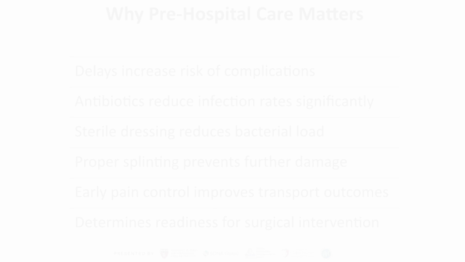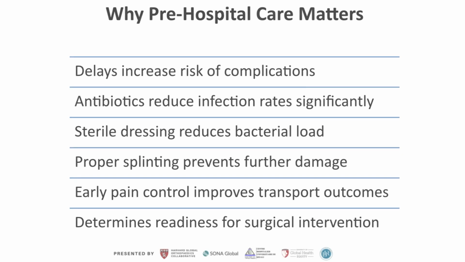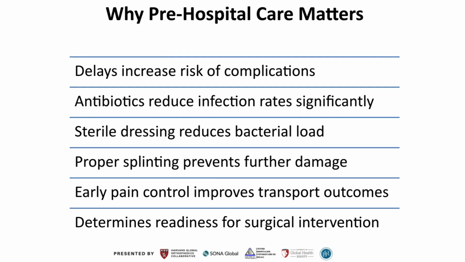And you look at how you can transport this patient. So why is pre-hospital care so important? There have been many studies around here, and in Rwanda the improvement is really very nice when you compare with SAMU and the ill care.